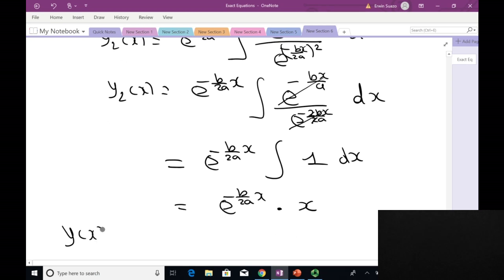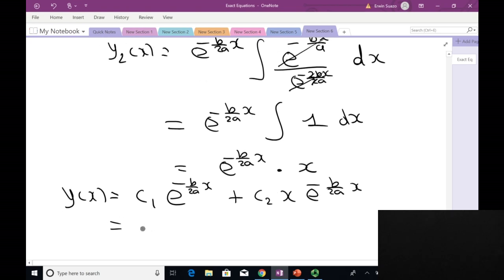So, conclusion. Your general solution when you only have one zero is C1 of the first solution, that is e to the minus b over 2a x, plus C2 x e to the minus b over 2a x. But really, we usually just say C1 e to the mx plus C2 x e to the mx.